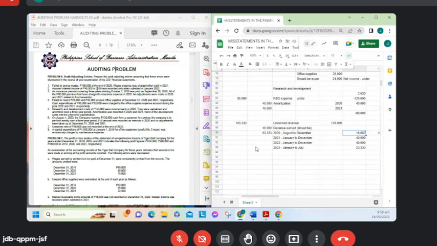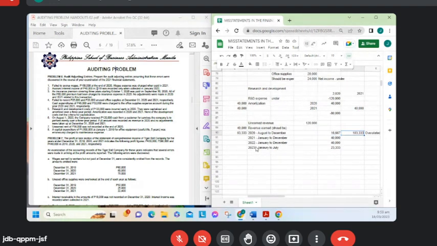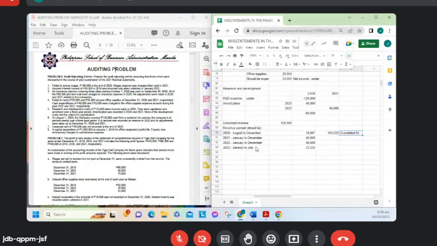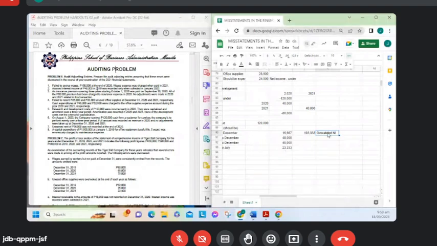The August to December. So that's equivalent to 16,667. So as a result of that, the overstatement in revenue and net income during the year is 103,333 pesos only.